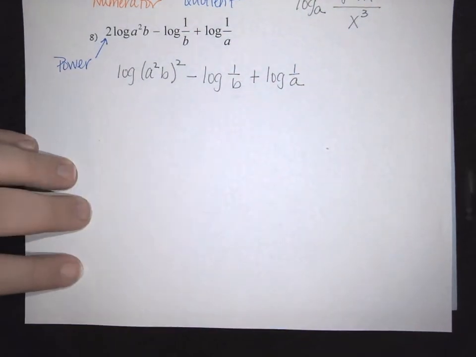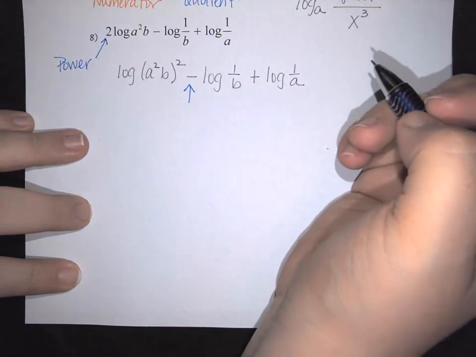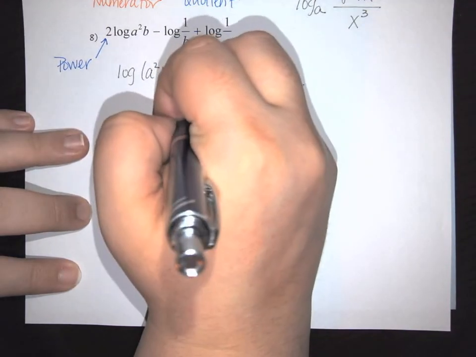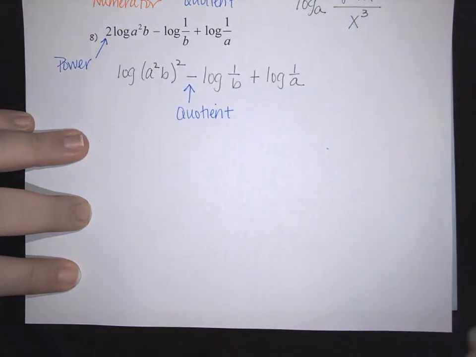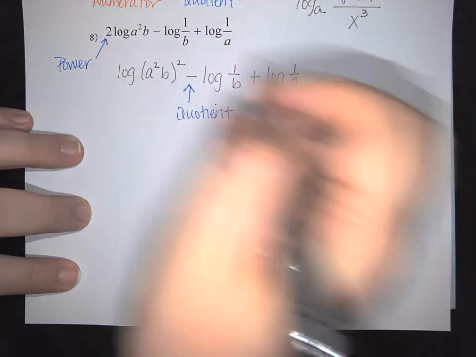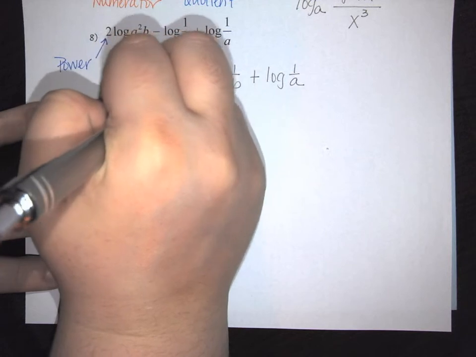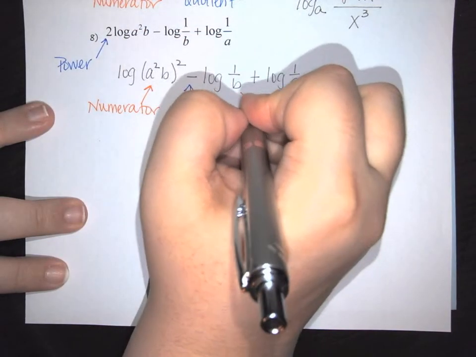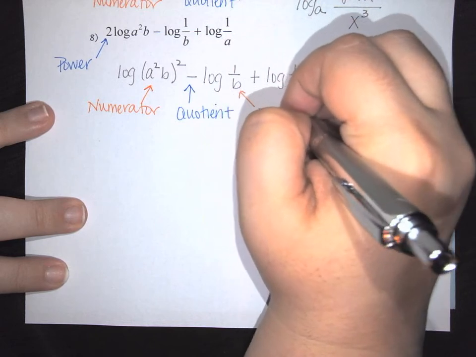Now in this case, the next thing that we have to look at is going to be, again, starting from the left hand side, the quotient. So in this case, we're going to ignore this 1 over a. My first term is going to be the numerator, and the 1 over b is going to be the denominator, or the bottom.